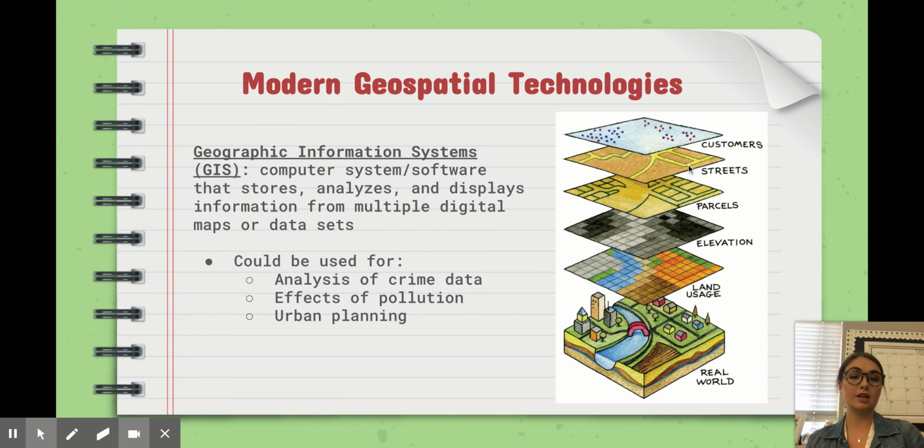So you can tell right here that they're stacking this customer base, so people who are buying things, on top of a road map so they can tell where people are going shopping, right? They're putting it on top of an elevation map. You can see, does elevation affect where people go shopping? And so it takes a bunch of information and stacks them on top of each other so that you can see patterns.